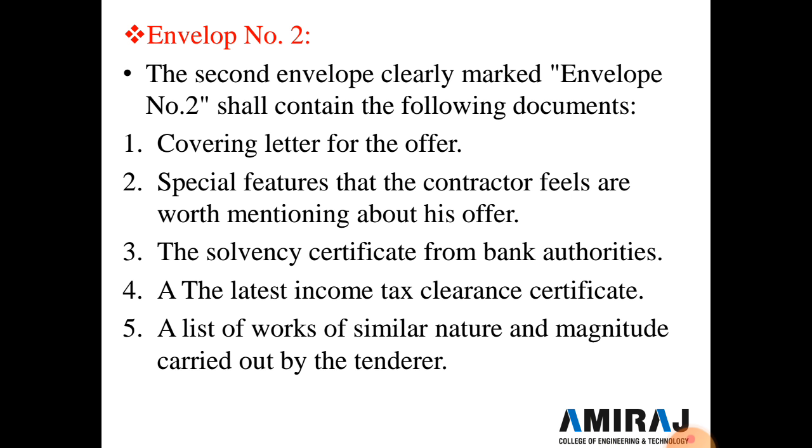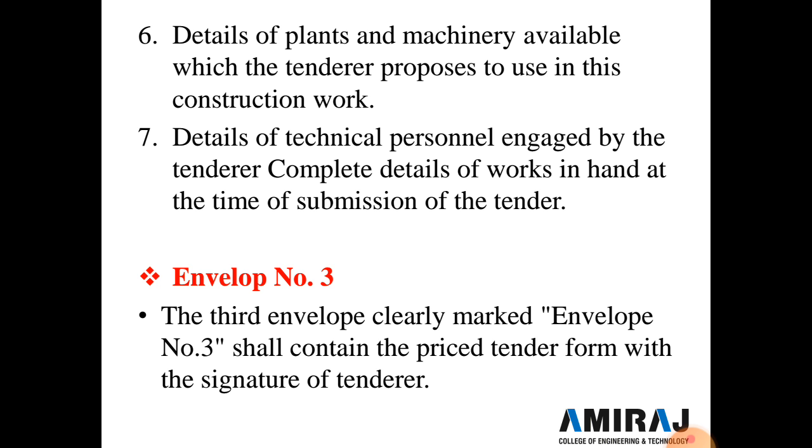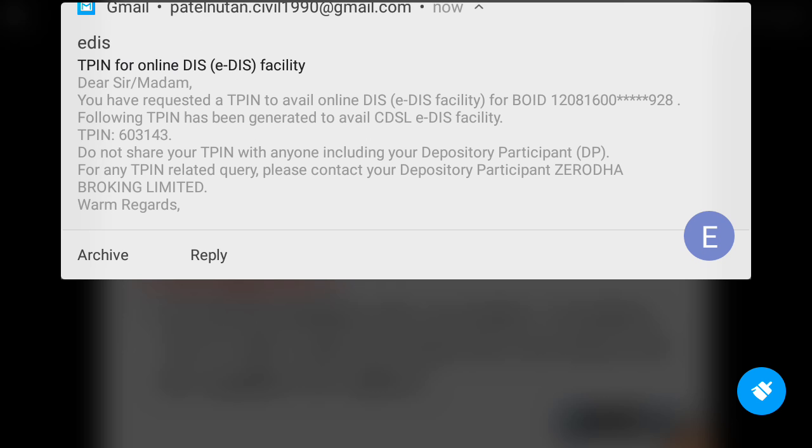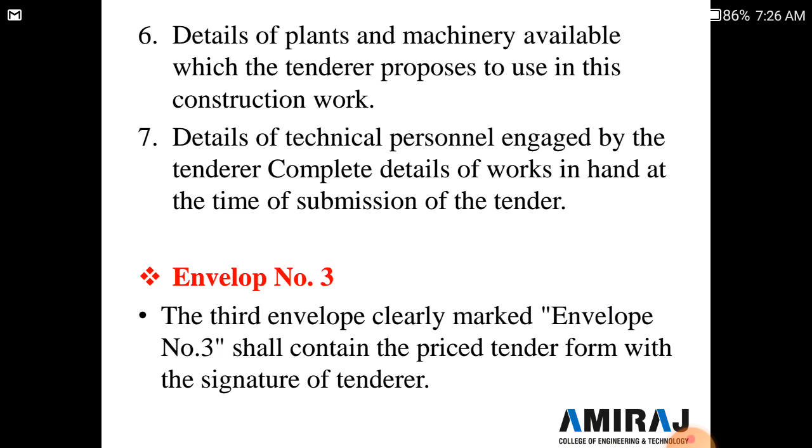First is a covering letter for the offer, second is special features that the contractor feels are worth mentioning about his office, third is the solvency certificate from a bank authority, fourth is the latest income tax clearance certificate, fifth is a list of works of similar nature and magnitude carried out by the tenderer, sixth is details of plant and machinery available which the tenderer proposes to use in this work, and detailed technical personnel engaged by the tenderer, with complete details of works in hand at the time of submission of tender.